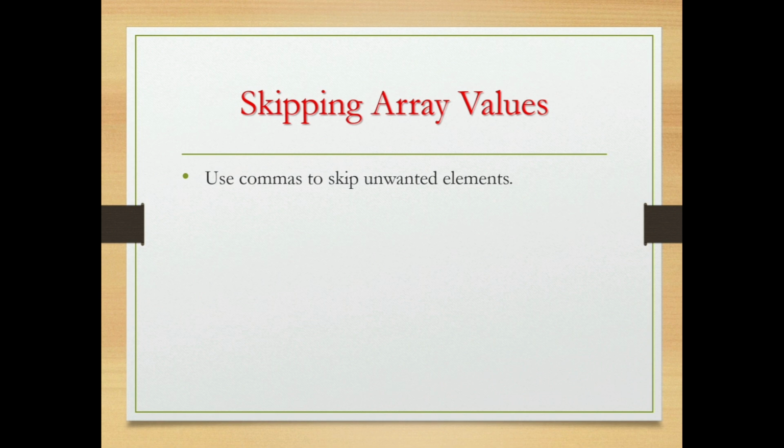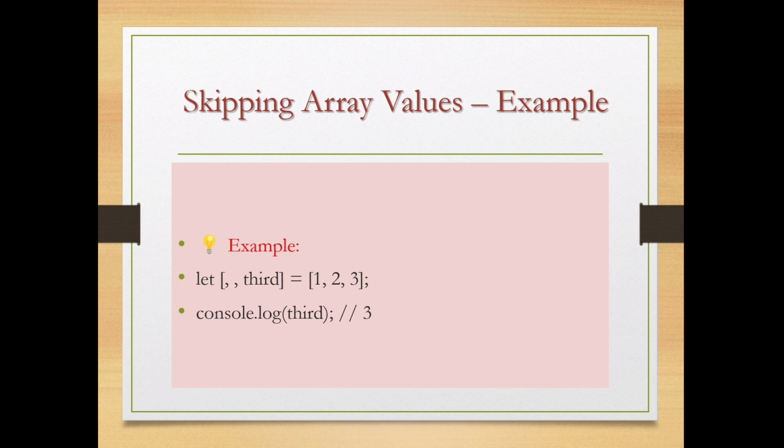Next we will see skipping array values in destructuring. It uses commas to skip unwanted elements. Next we will see one simple example of skipping array values. Here I am taking a variable with let. I am taking three variables, taking the last one as third.